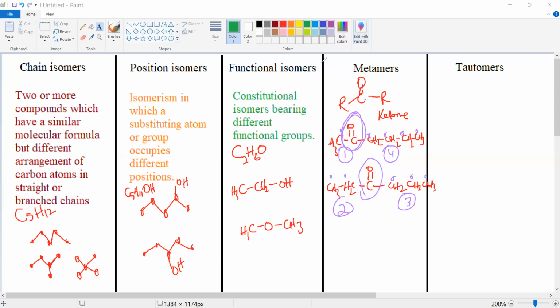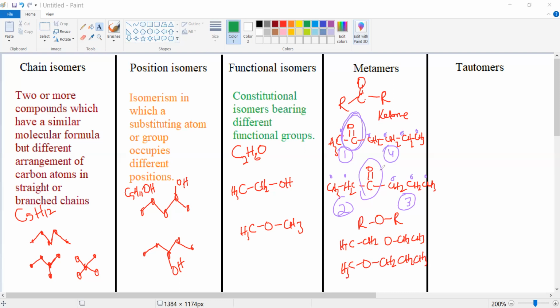I told you in the last class that ethers are R, O, R. If we take an example of ether, that is CH3, CH2, O, CH2, CH3. In this ether, we have 4 carbon and 1 oxygen. 4 carbon units and 1 oxygen. If we relate it with CH3, O, CH2, CH2, CH3.